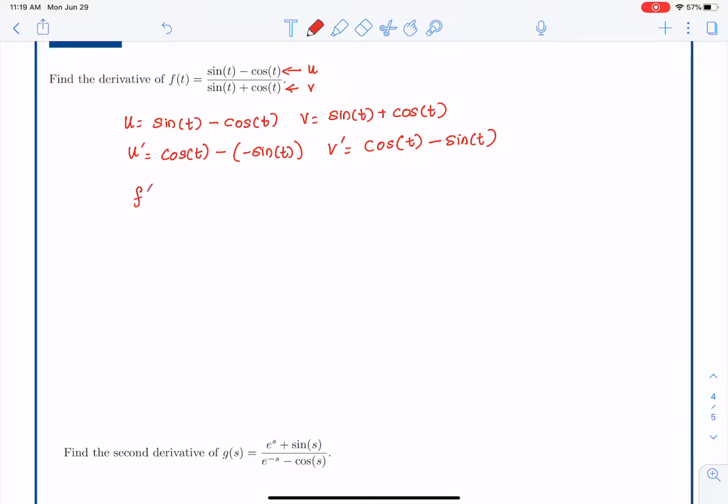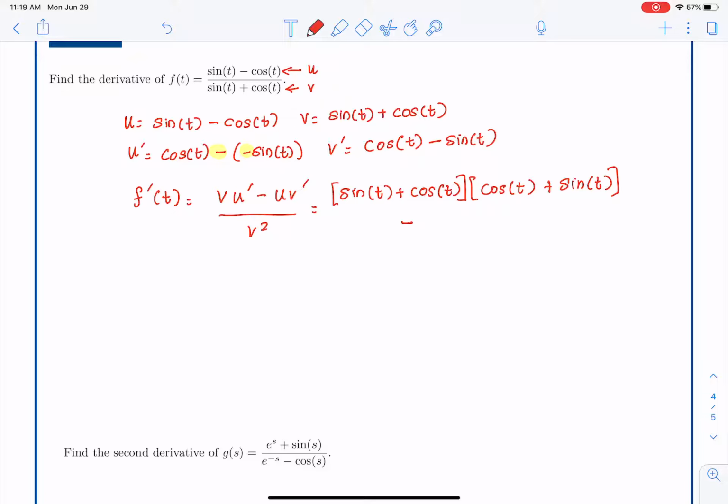So quotient rule suggests that the formula is v u prime minus u v prime divided by v squared. V is sine t plus cosine t. U prime is cosine t. Negative times negative is positive, so plus sine t.